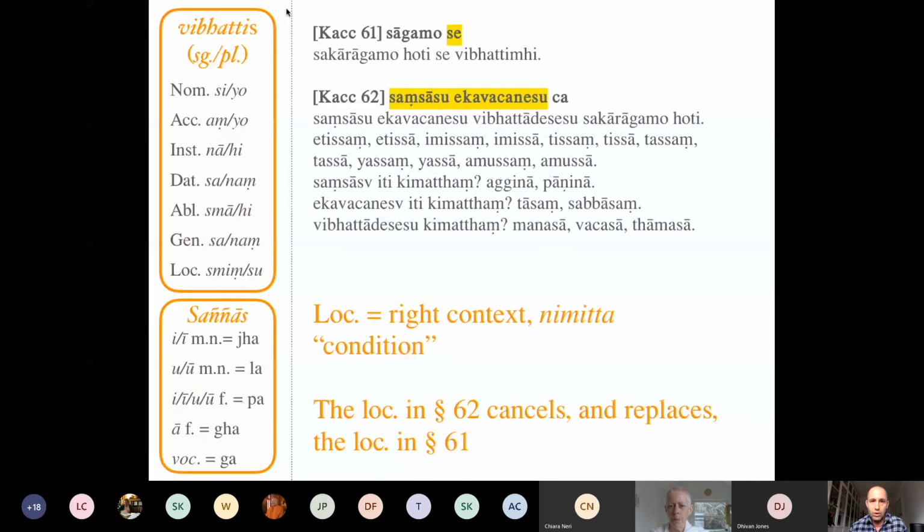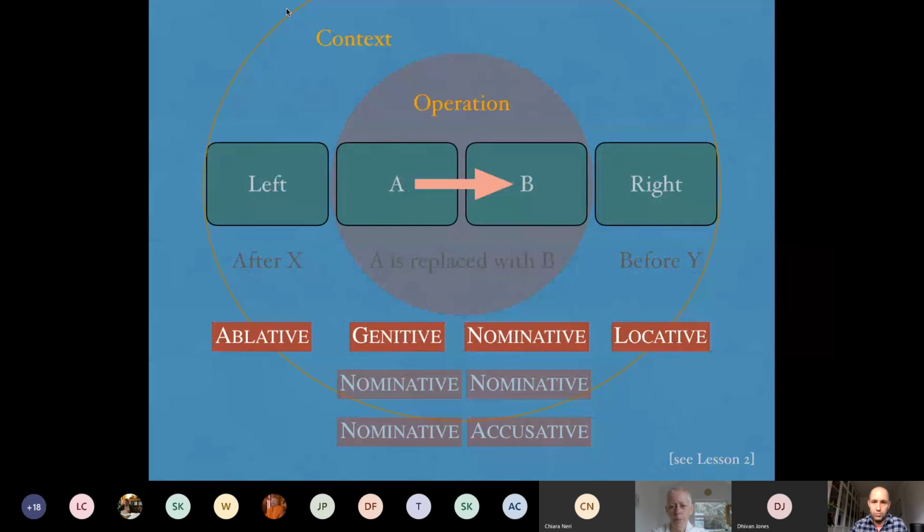So here, what has happened is that from the previous rule, one thing has changed. The locative function has changed. In Kaccāyana 61, you have the word se performing the function of the locative. If you remember the second session, this would be more or less how the structure of an operation works. In this case, it is a replacement, but in any other operations, the context works in the same way.